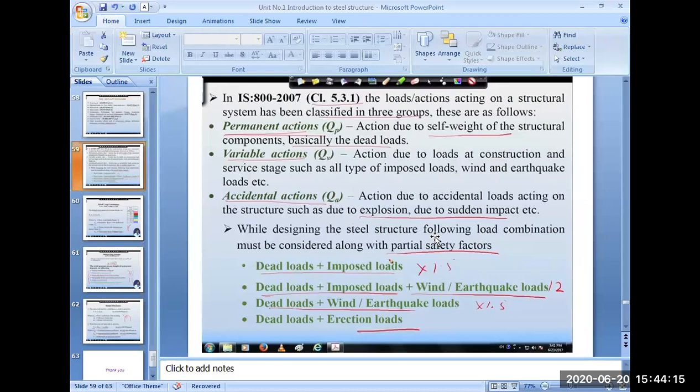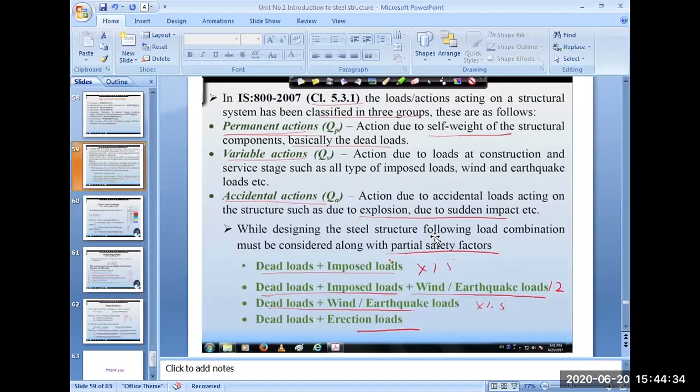Means whatever load is coming on the structure, that is the working load, and when we multiply it by 1.2, that will be the factored load. So this factored load we will consider in the design of our steel structure.